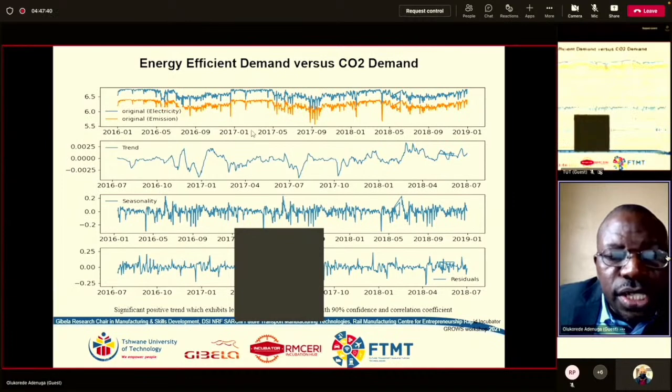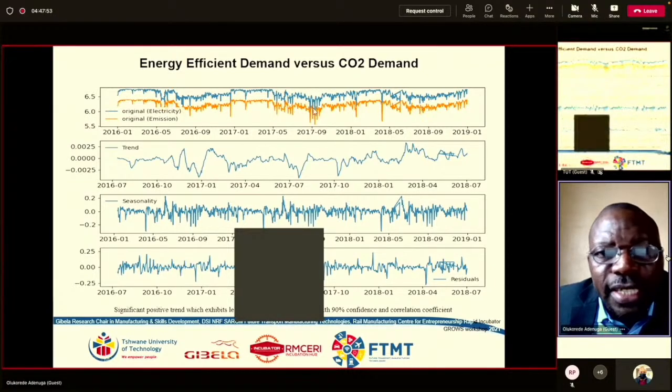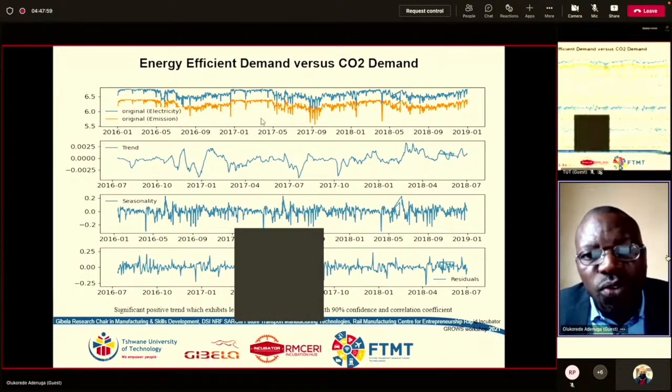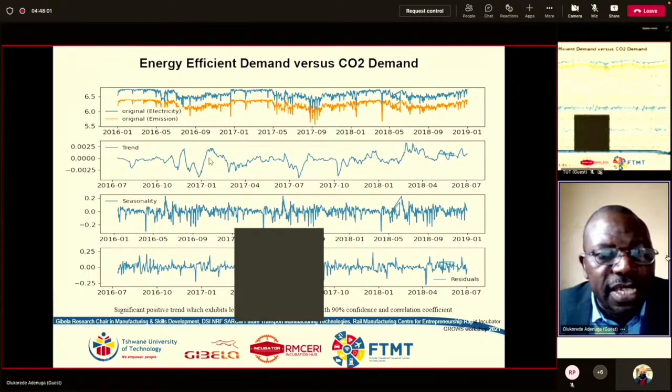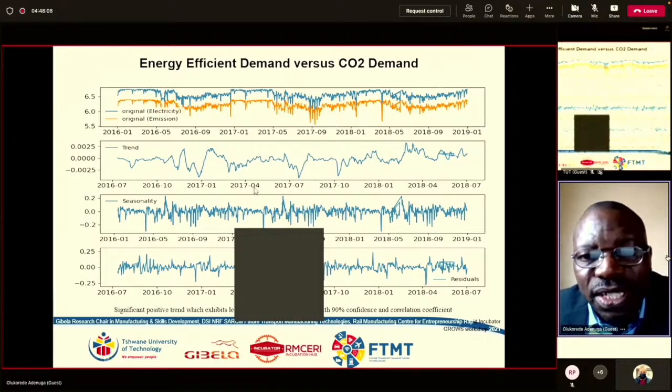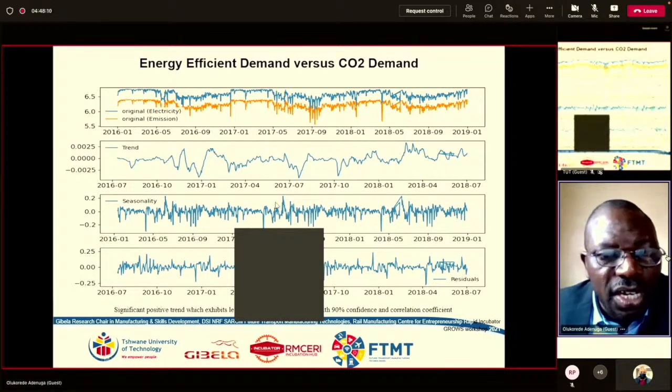And this is what I mean when we talk about data being linear and non-linear. When you get the data, the first one, in blue, shows the energy, while the one in orange is the emission by carbon, which is exactly equivalent but in different percentages. And when you have such data, you have to trend it and see that the data is not a straight line, so it is non-linear.